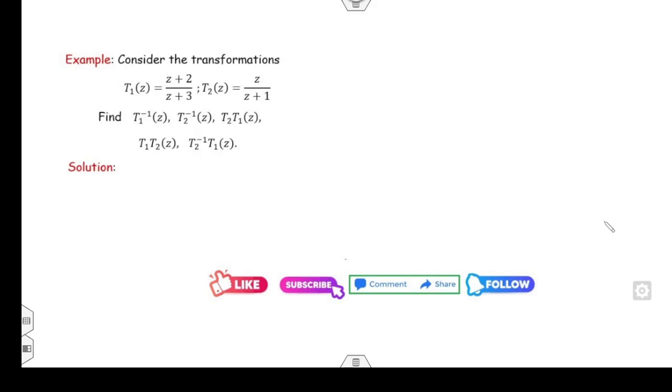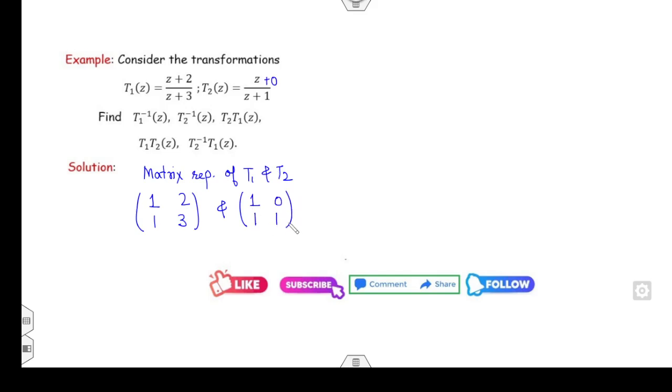Look at the next one. Consider the transformations T1 and T2; find T1 inverse, T2 inverse, and so on. Can you write the matrix representation of T1 and T2? What is the matrix representation of T1? 1, 2, 1, 3. And T2 will be z plus 0 over z, 1, 1.